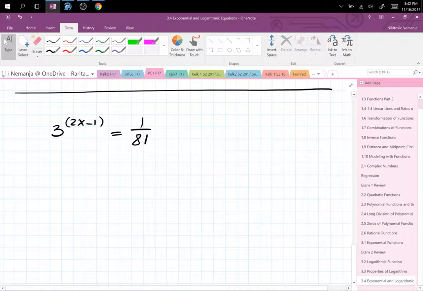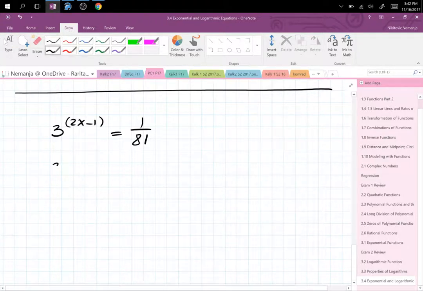Problem. What do I write 81 as? Three to the negative 4th. Because it is in the denominator, 81. When you bring it up, it will have a negative exponent. And 3 to the 4th is 81.